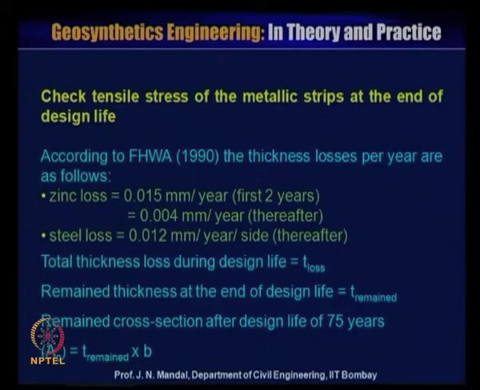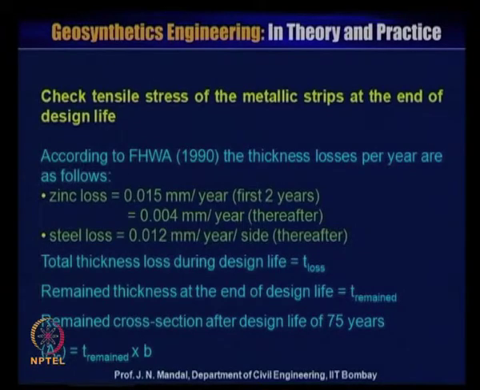Steel loss is 0.012 millimeter per year per side thereafter. So we have to check the total thickness loss during the design life, that is T loss, and the remaining thickness at the end of the design life, T remain.